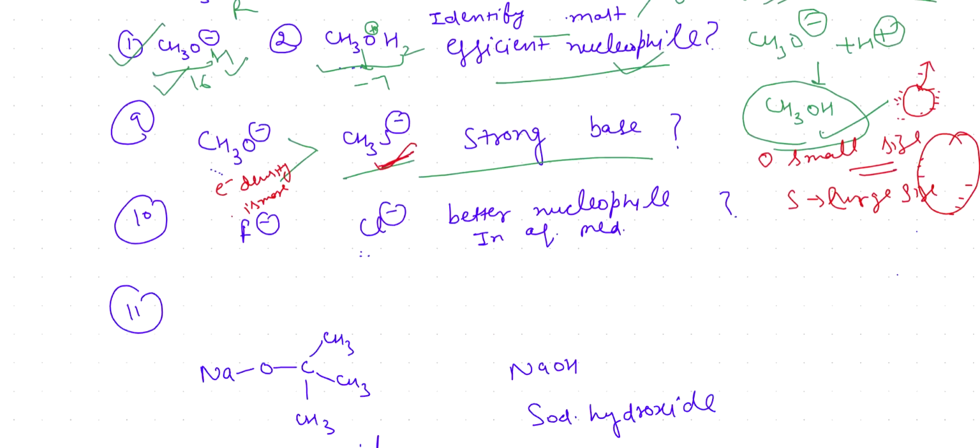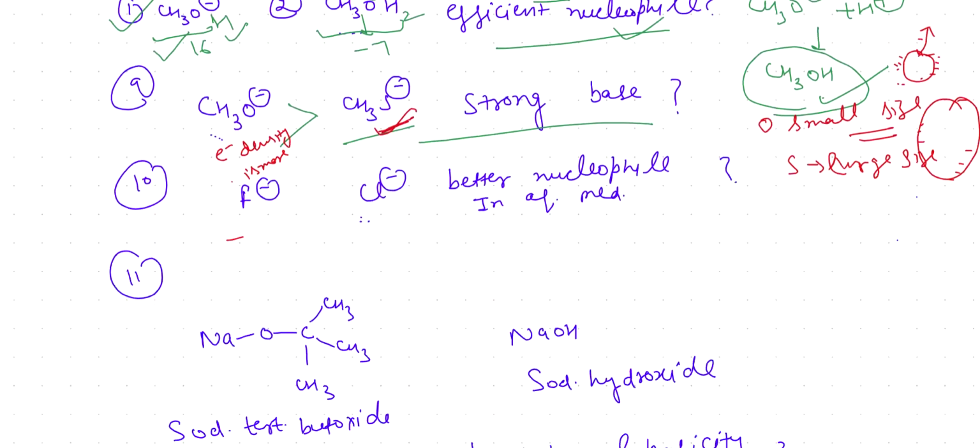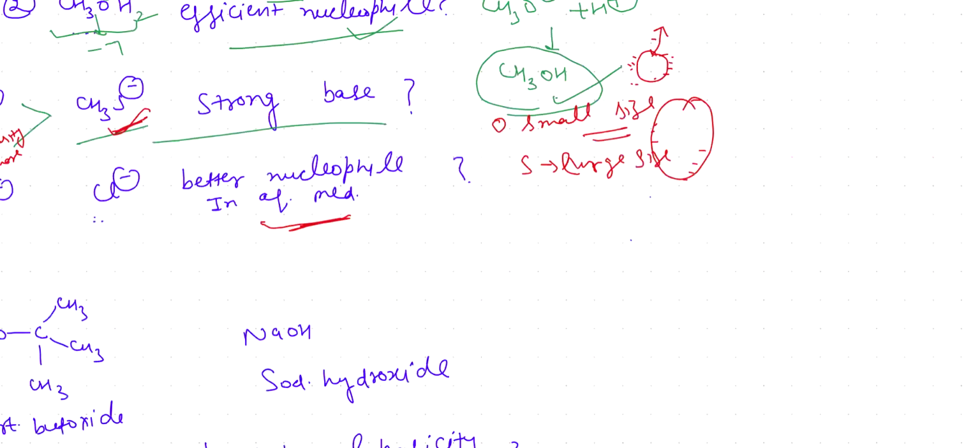So out of F negative and Cl negative, which is the better nucleophile in aqueous media? Here the condition is mentioned: we are using aqueous media. So what happens in aqueous media? If you take F negative in water and Cl negative in water, these are already present in ionic form. Then the second step will be solvation.